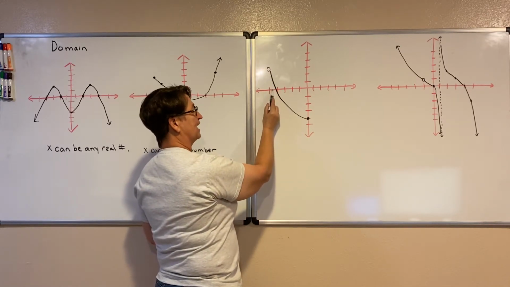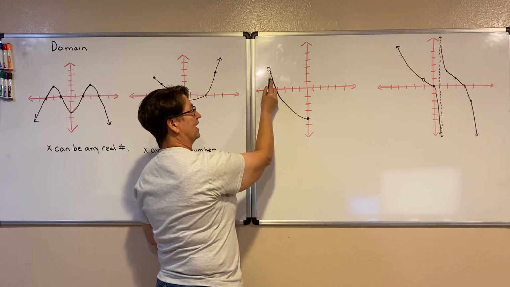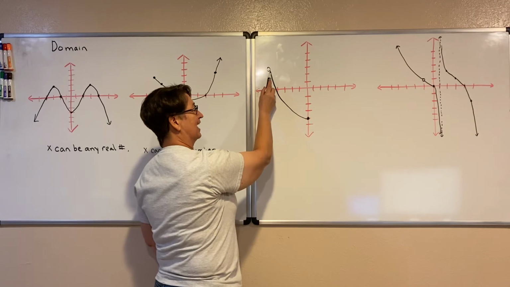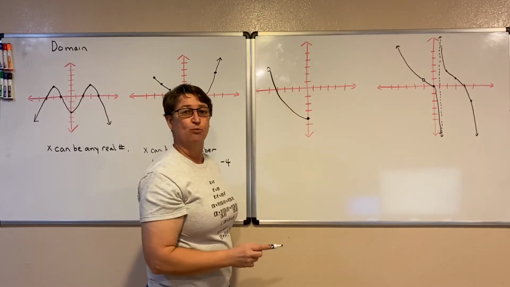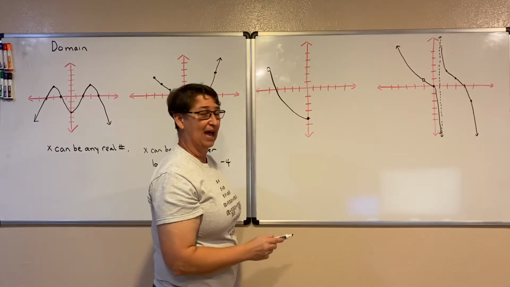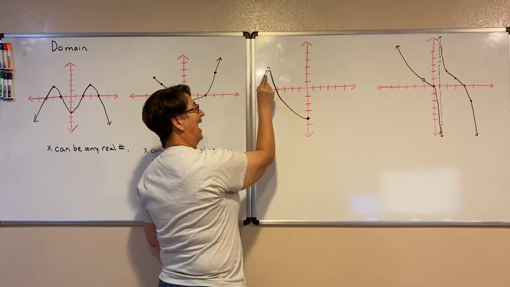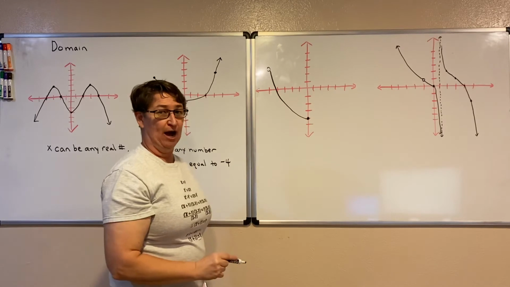I could put in -4.9 and I get an output. I could put in -4.99 and I get an output. I could put in -4.9999999 and I get an output. This circle just tells me at -5 that there's not an output.